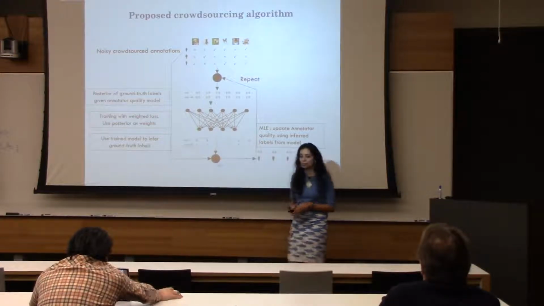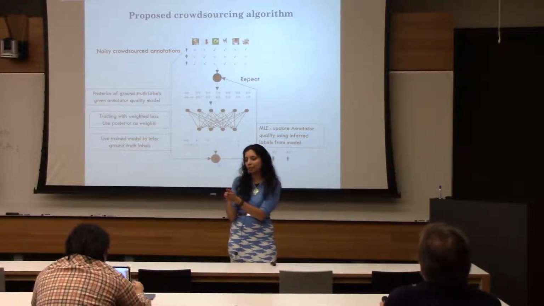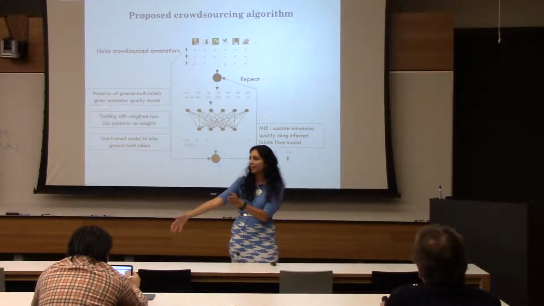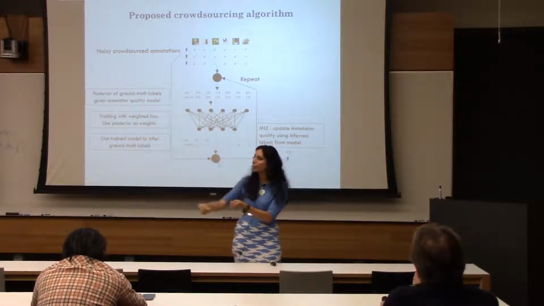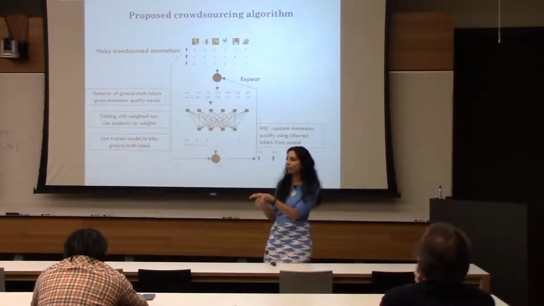Because what is the ideal scenario? When this has converged, you want your machine learning model to be close to the ground truth. So you're hoping that you're driving it towards that setup, because once you have the ground truth, then you can estimate your confusion matrices.